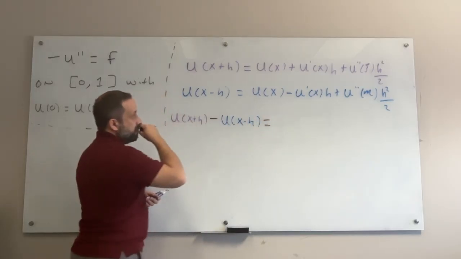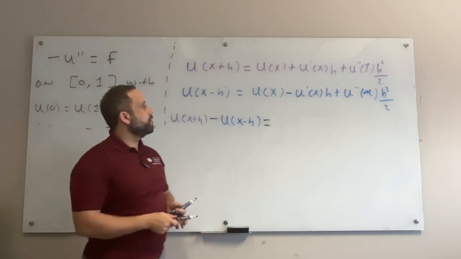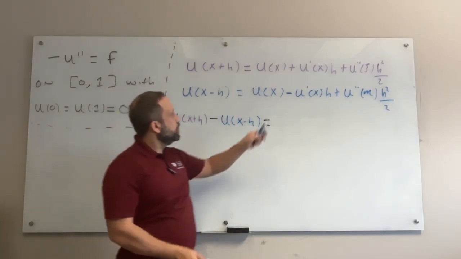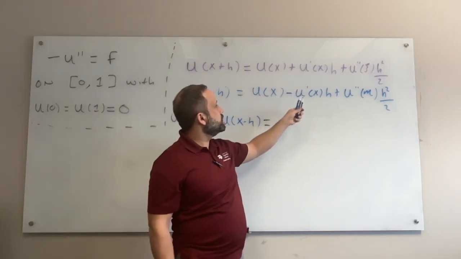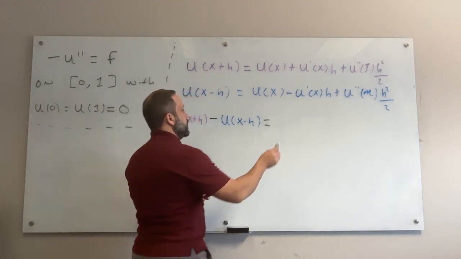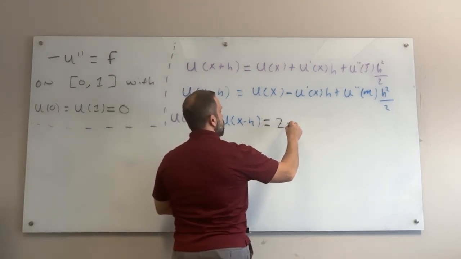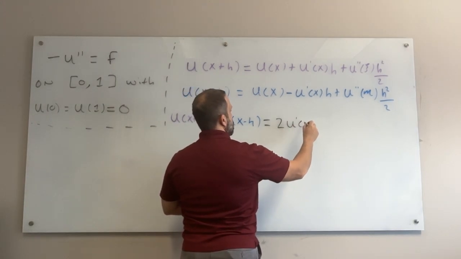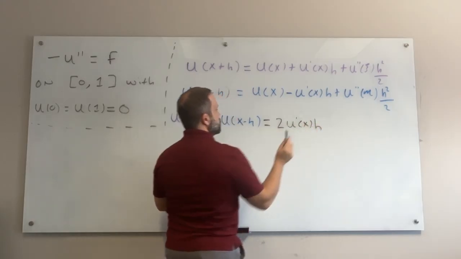Okay, what's this going to be equal to? u of x minus u of x is 0. u prime of x minus minus u prime of x, that's going to be 2 u prime of x times h.